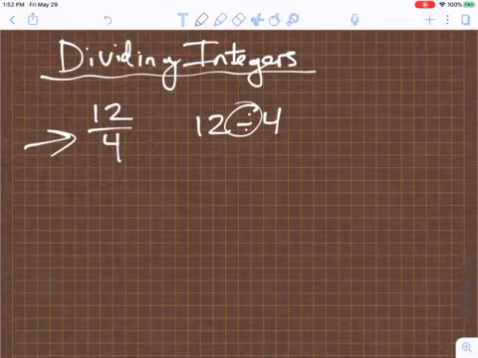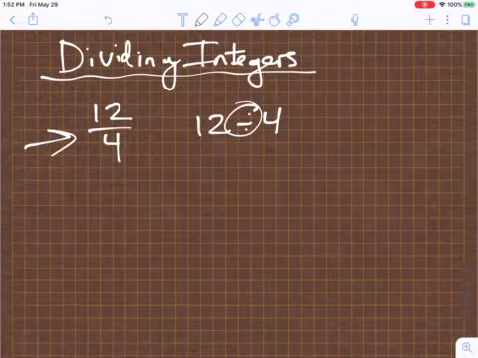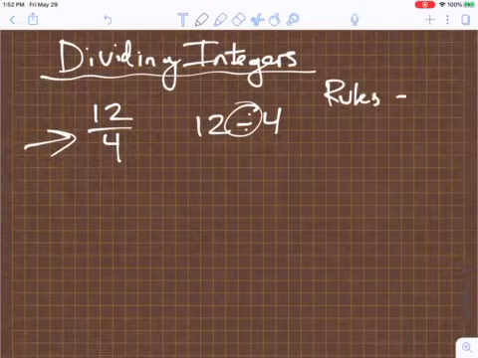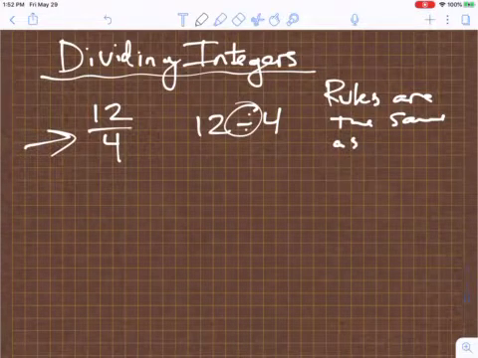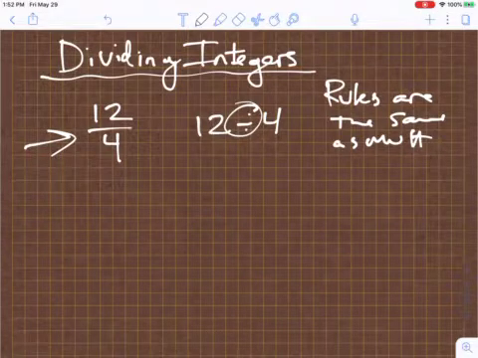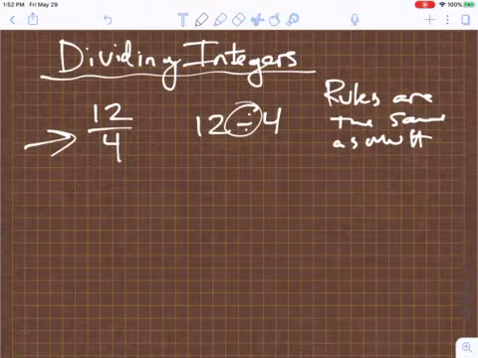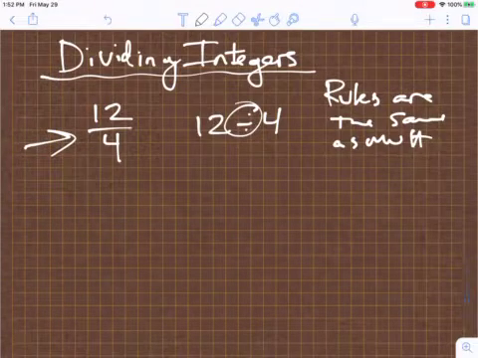The big thing I want to tell you about integer division is that the rules are the same as multiplication. That almost 10-minute video that you just got done watching, which I hoped you did watch, gave you a list of rules at the end.